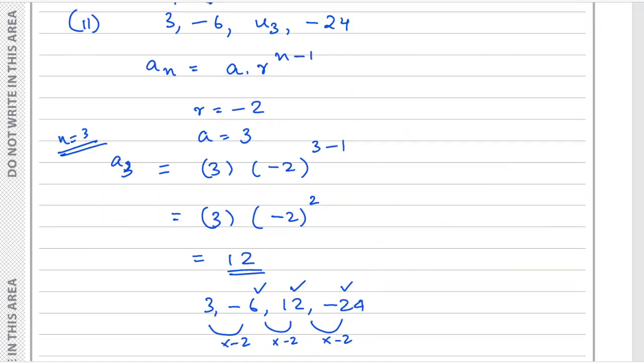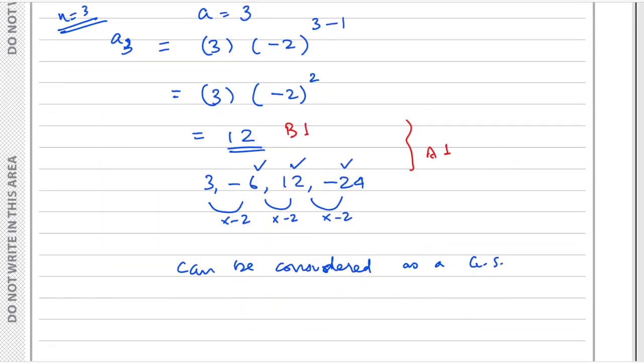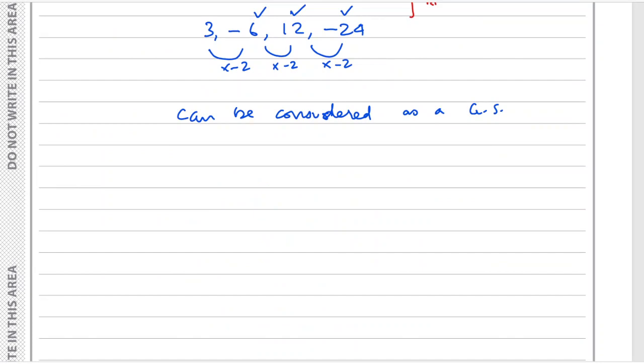The same over here: if you find the common ratio, you get the first mark. The common ratio carries the first mark, proving that it is consistent is another mark, and the third term gets another mark. So this is how the 6 marks are distributed for this question.